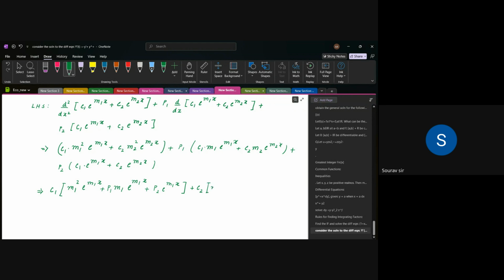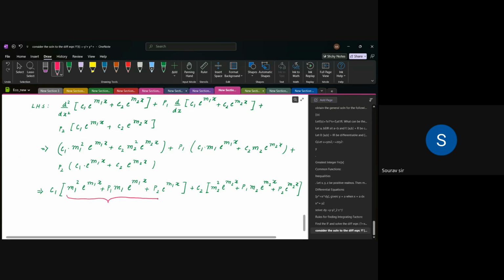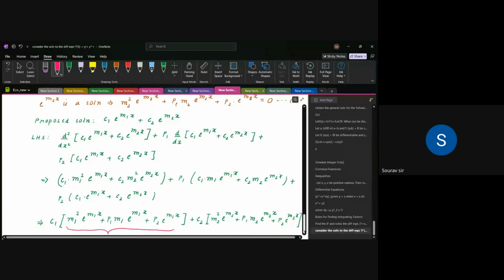Sorry, we had missed a couple of things. Then C2 times m2 square e raised to the power m2x plus P1 m2 e raised to the power m2x plus P2 e raised to the power m2x. All right. Now, what is this part? If you look, this is your equation 1, right? The LHS of equation 1.